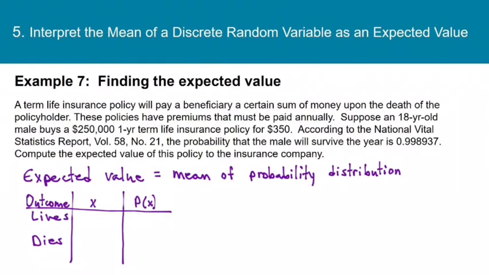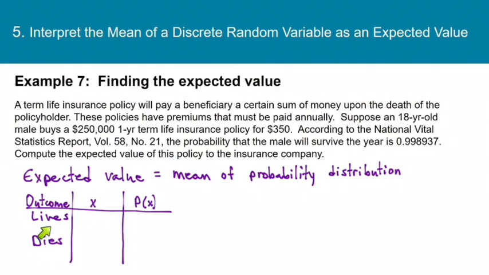The way we are going to decide what goes in this column is what is each condition worth to the insurance company. And the way I like to do it is I think of money coming in as positive and money going out as negative. So it kind of works the same way your checking account would work.